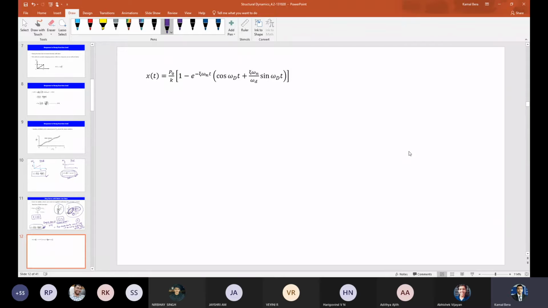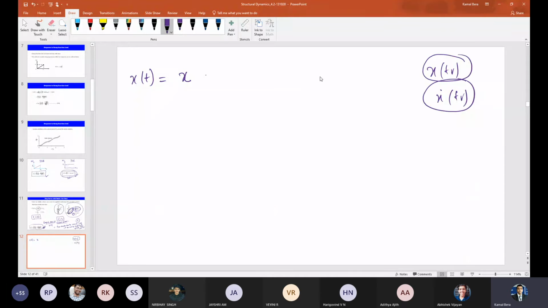So again I am writing x(t). Can I write it like this? Due to the initial condition, that means x(tr) and x dot(tr), what will be my response? Tell me, undamped vibration.